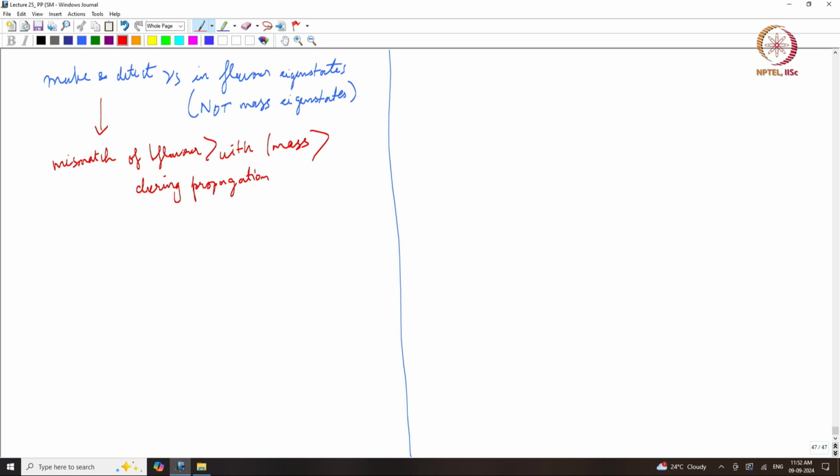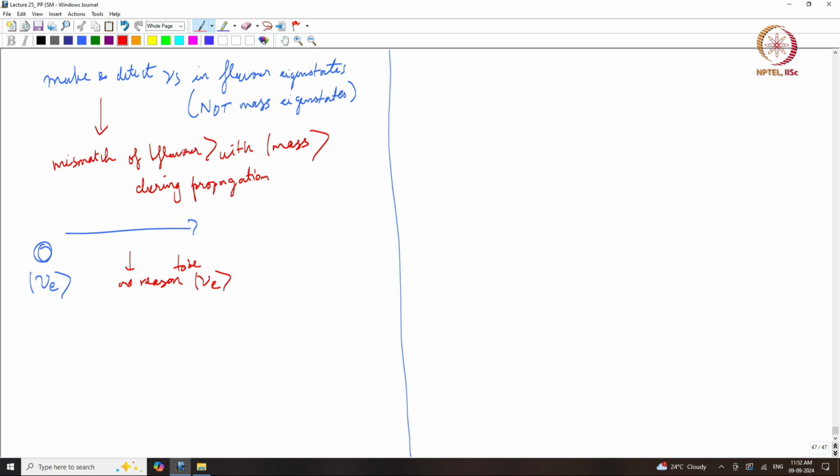So, what does this mean? Suppose I make a neutrino here, let's call it a nu e, and then I let it go. During the propagation, there is no reason that it is still an electron neutrino. There will be a mismatch.